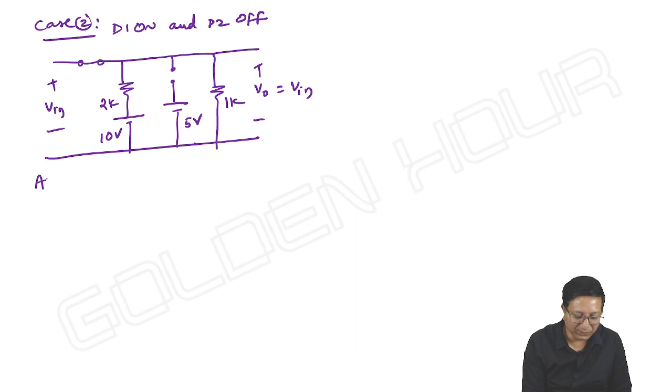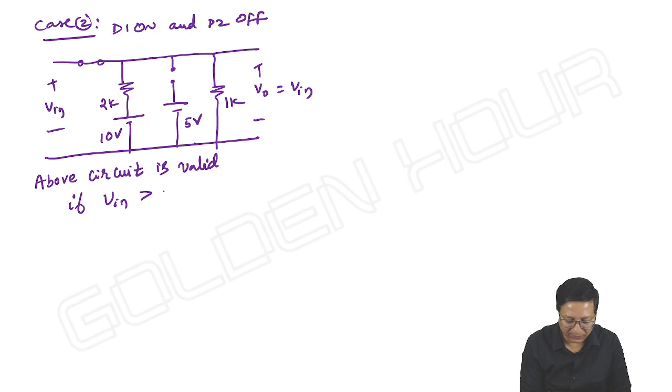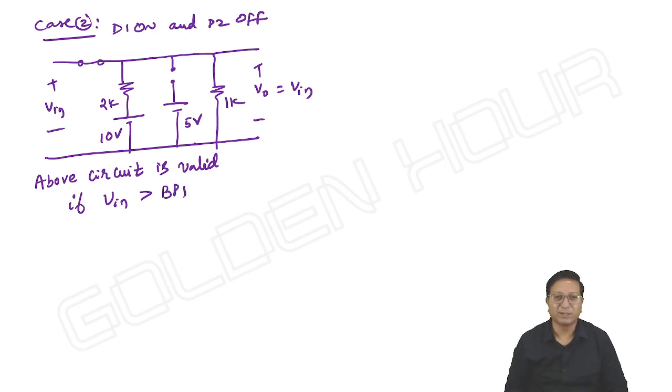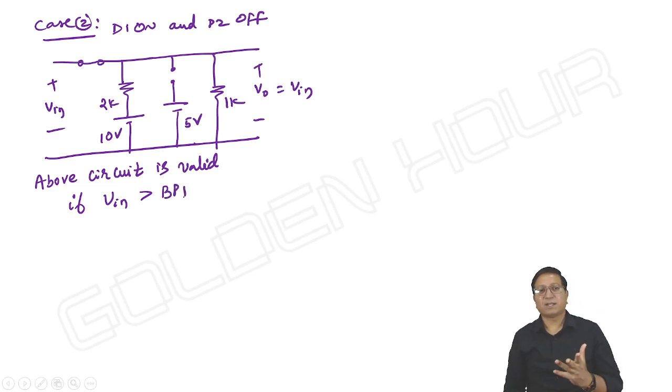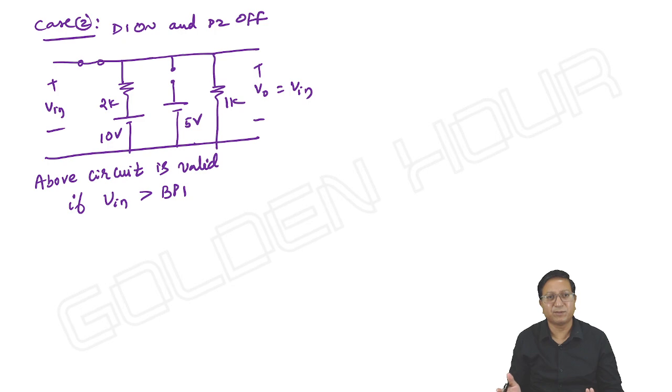And the above circuit is valid if the input is greater than breakpoint. It looks like 5 volts, maybe 6 volts, 7, 8, 9, 10, 12, 15 volts, whatever it is.